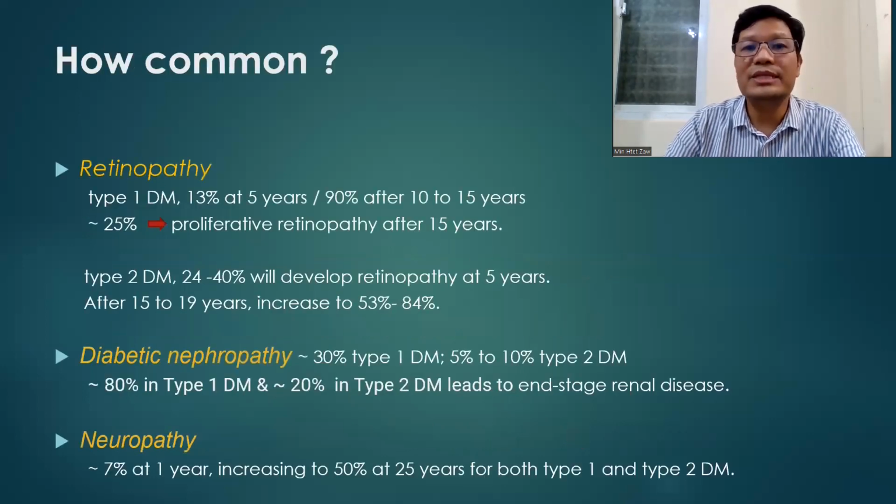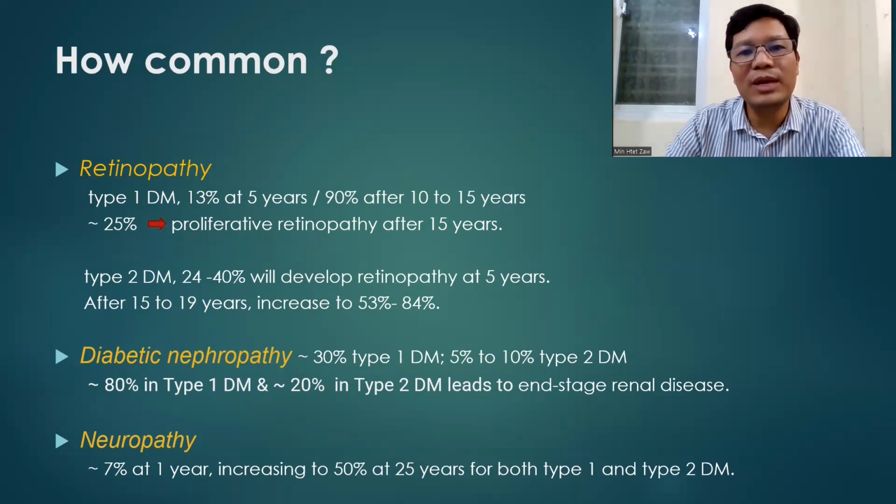And these complications are more common than we think. For example, retinopathy in type 1 diabetes is about 13% at 5 years after diagnosis of diabetes, but it rapidly rises to 90% after 10 to 15 years of diagnosis.